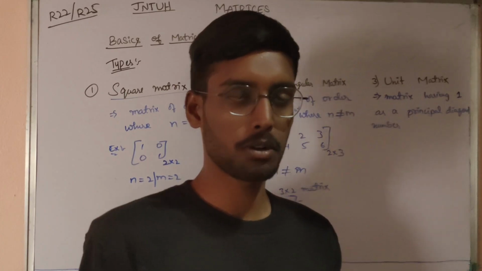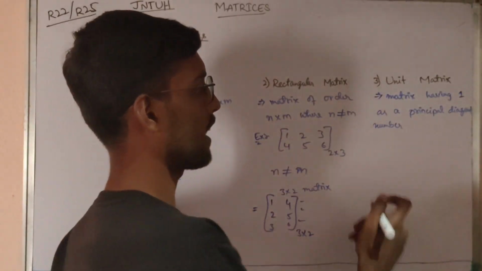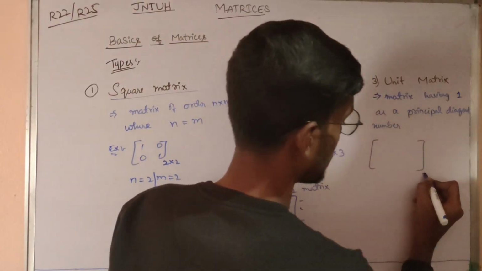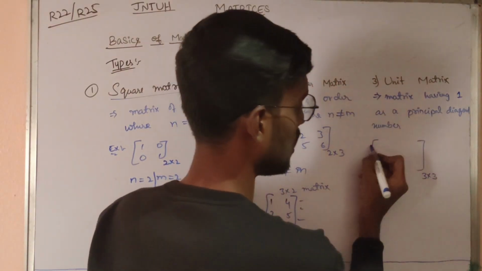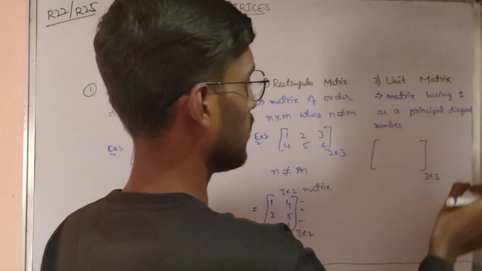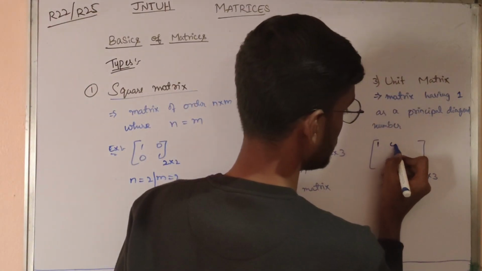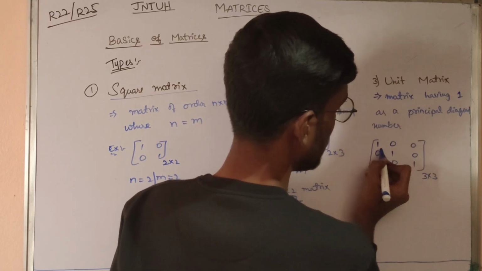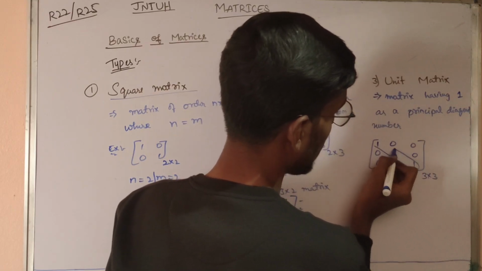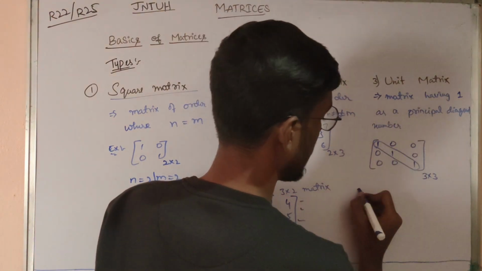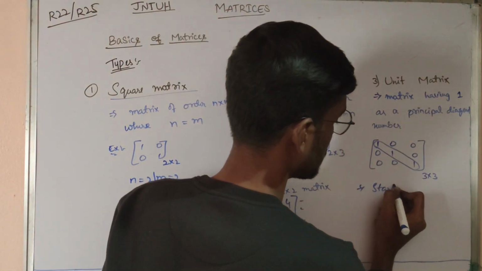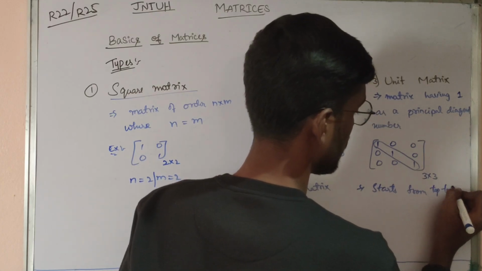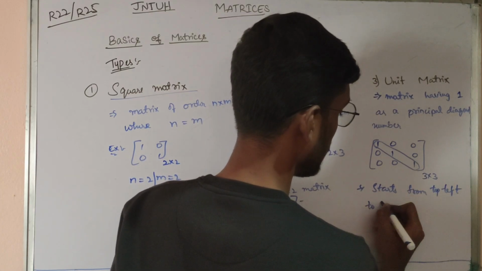Let us take a matrix of 3 by 3, with 3 rows and 3 columns: 1 0 0, 0 1 0, 0 0 1. This one is called the principal diagonal. The principal diagonal starts from top left to bottom right.